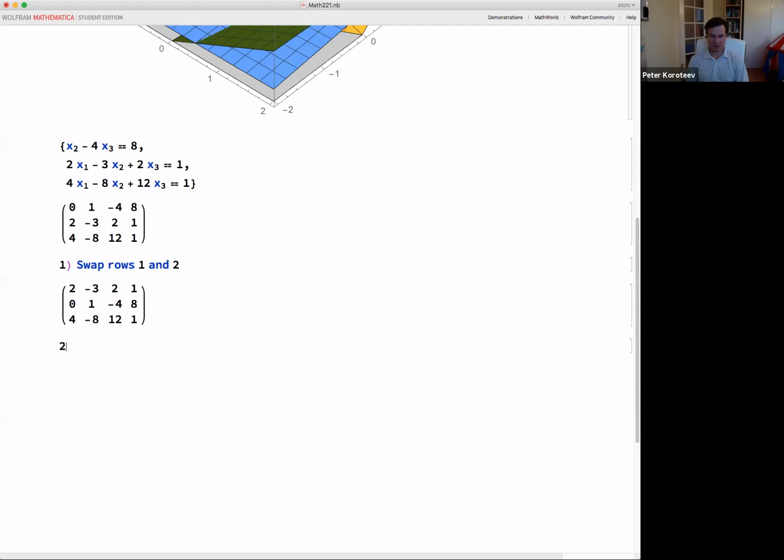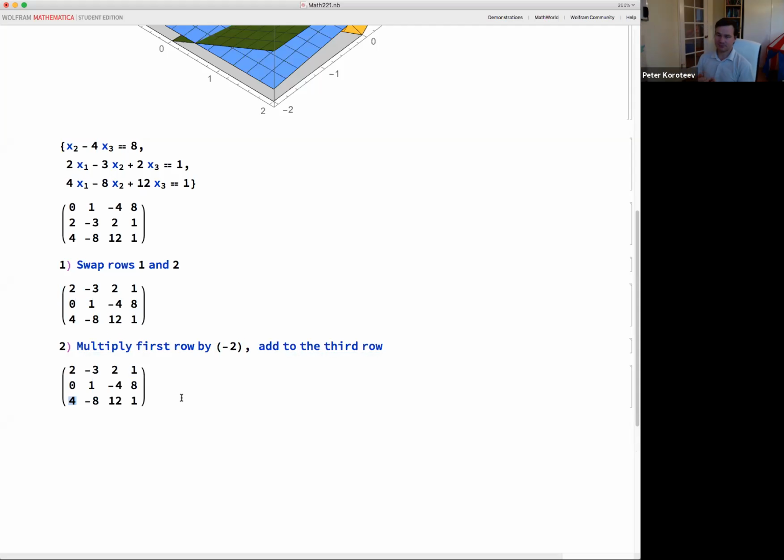Now the next step was to multiply the first row by -2 and add it to the third one. So Iris, maybe you can tell me which numbers we'll get instead of the third row. Can you write me the 4 numbers which we'll get?